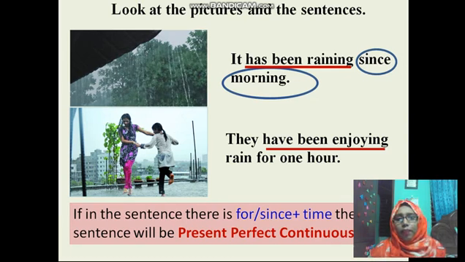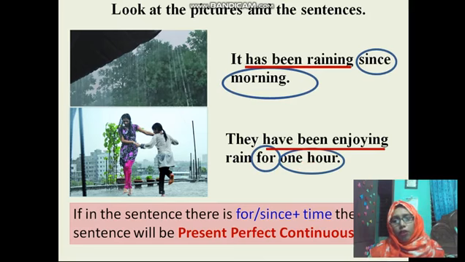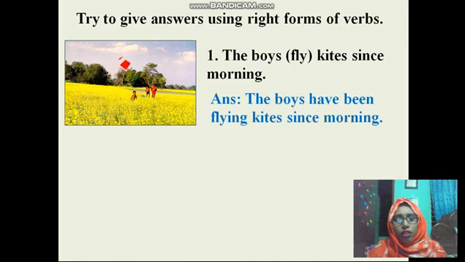You see here since, and that's why it is present perfect continuous tense. Then see for and time, and if in a sentence we use since or for and time, then the sentence must be present perfect continuous tense, and these two sentences are present perfect continuous tense.